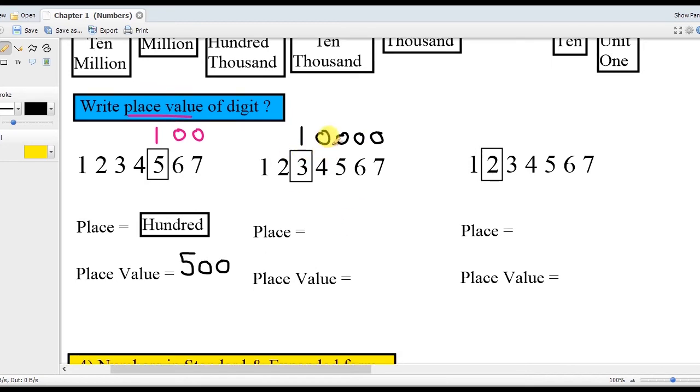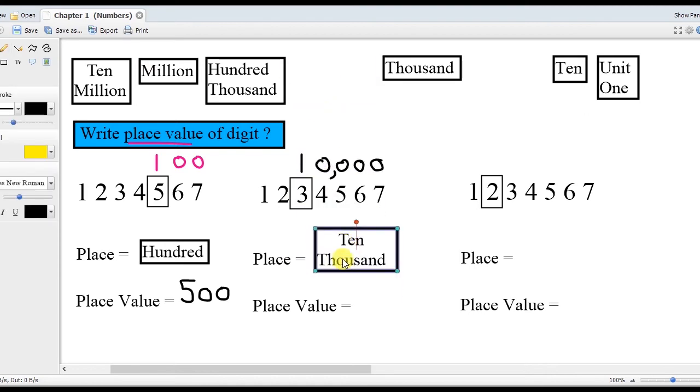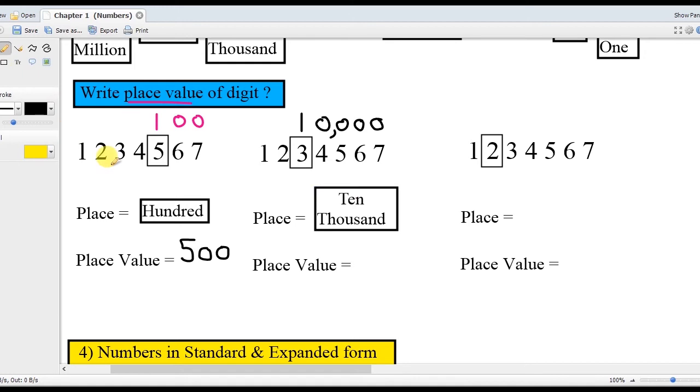It is 10,000. So the place of this digit is 10,000, and the value this digit is giving us is 3. So just write 30,000: 3 and 4 zeros. Collectively it will give you 30,000, right?